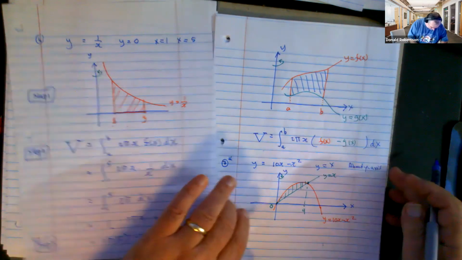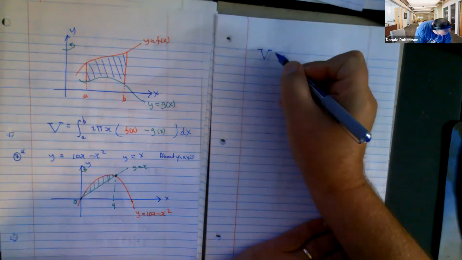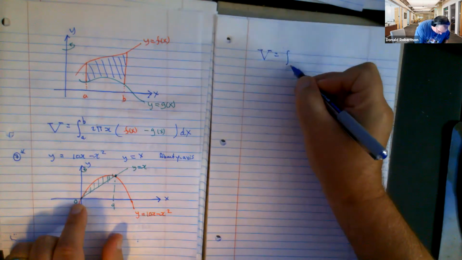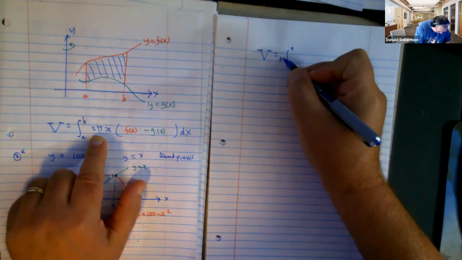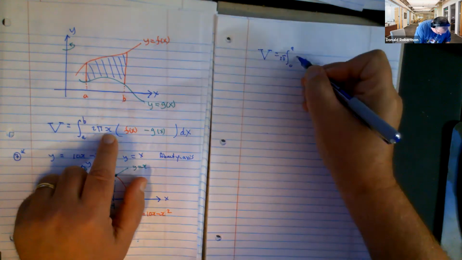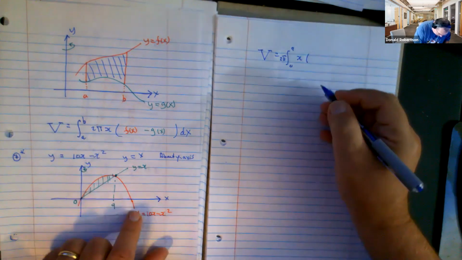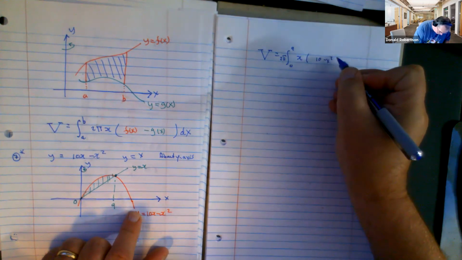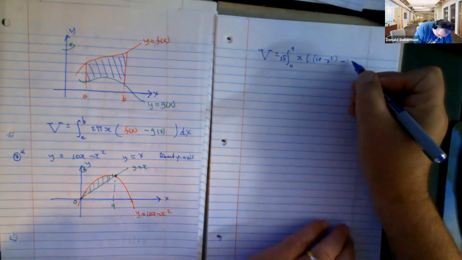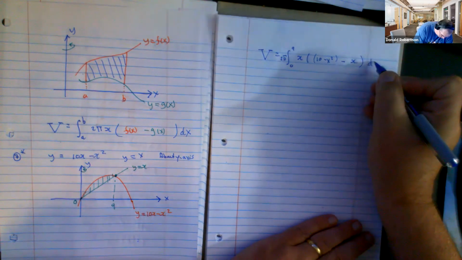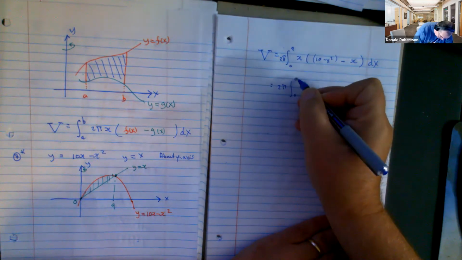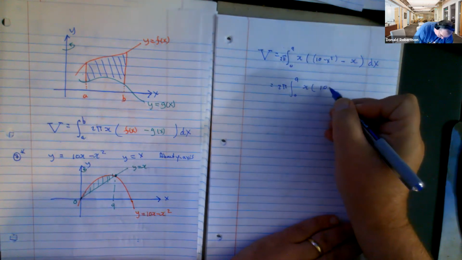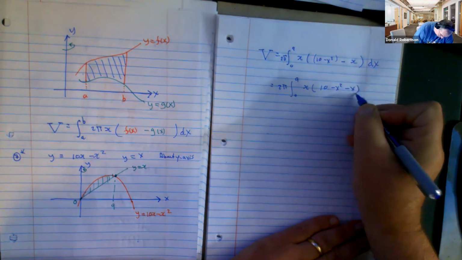So it's a matter of taking this and using this formula. So the volume is going to be the integral from 0 to 9. I'll take out the 2 pi, put in the x, and f of x is going to be 10 take away x squared, and g of x is just going to be y equals x dx, and that's going to be 2 pi, the integral from 0 to 9 of x times 10 take away x squared take away x.